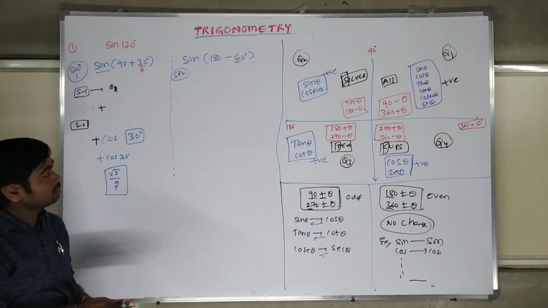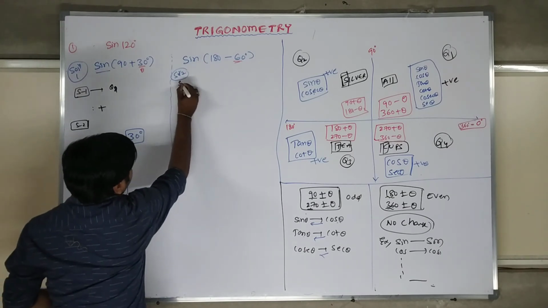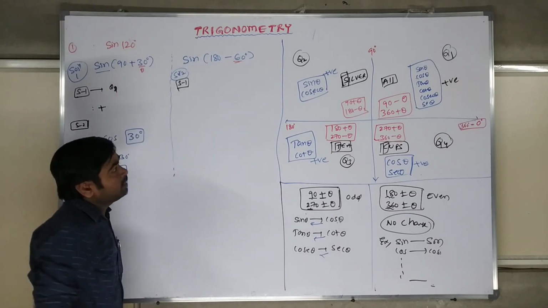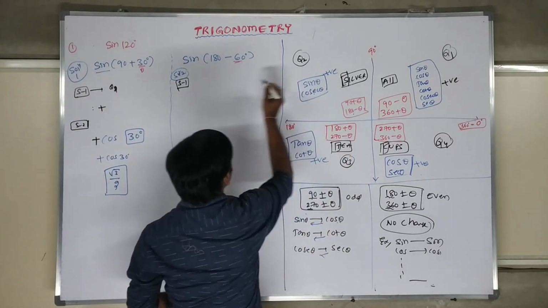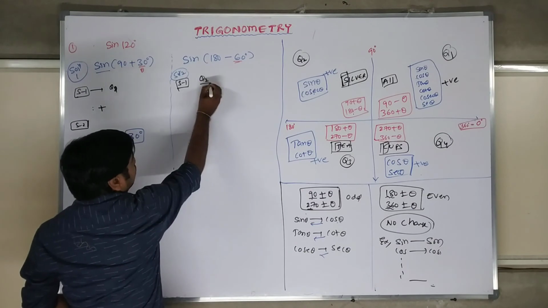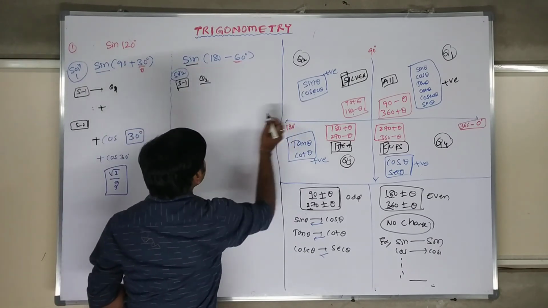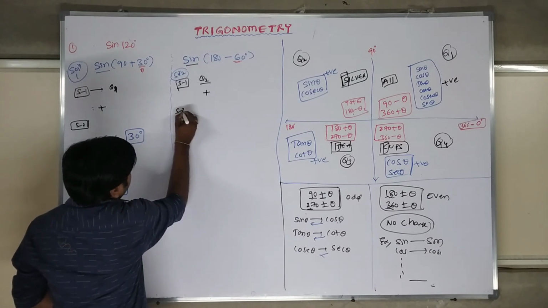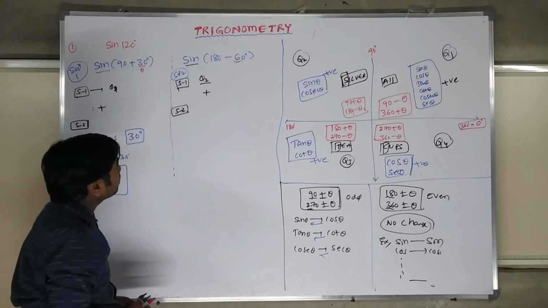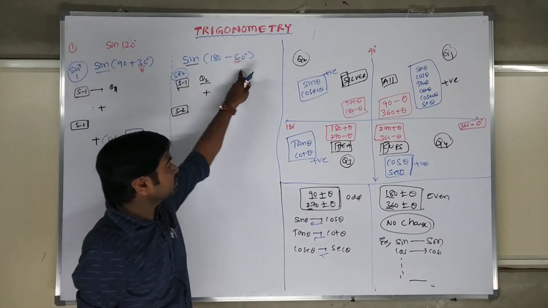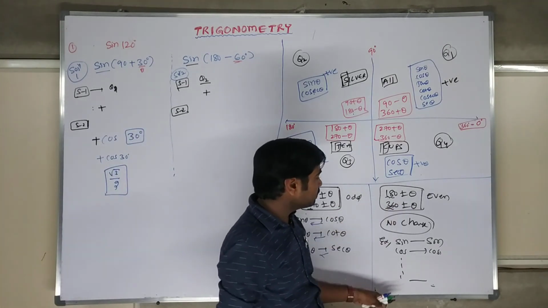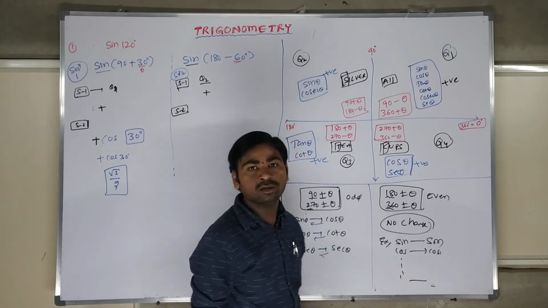So method 2, we will go with the same approach. What is step number 1? 180 minus theta is the same quadrant number 2. In quadrant number 2, your sign is going to be positive. That's why the answer before is positive. Step 2 is very simple. 180 minus theta is not here, go back to here. Is there a change of function? No change, whatever it is, I write it down.